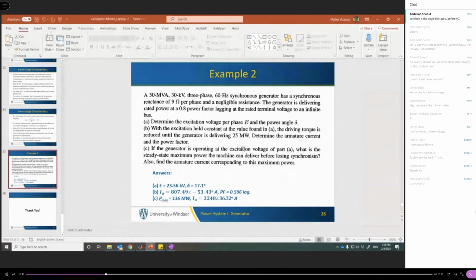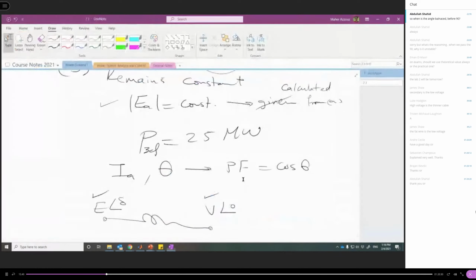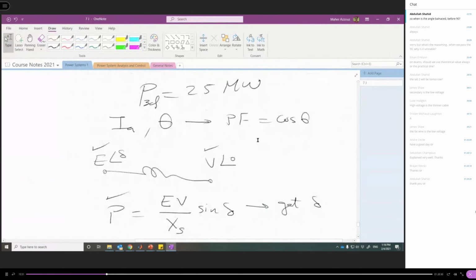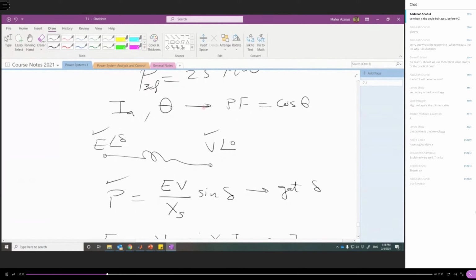The question here is to determine the stator current, or armature current, and the power factor. So how to get that? We can apply the complex power flow concept. The generator is represented by a synchronous reactance, XS. The infinite bus voltage is given, the rated voltage.